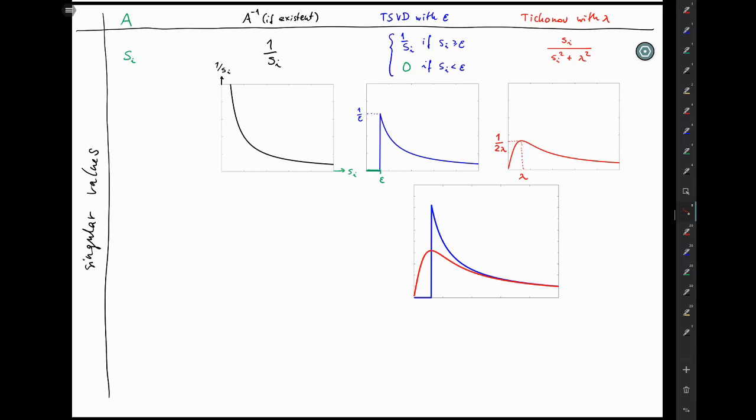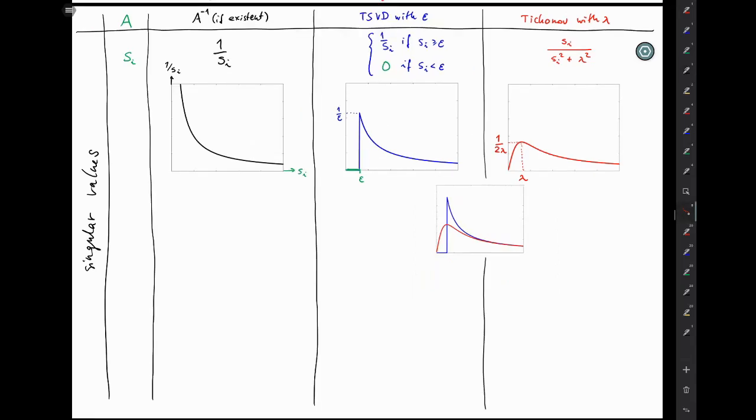Actually, let's squeeze this a little bit here. Okay, and maybe we have to move this a little bit. Excellent. And now let's try to write this TSVD singular value function here, which is the blue graph, as the black graph times something, or as 1 over SI times something.